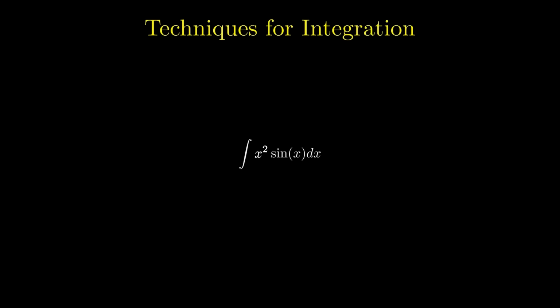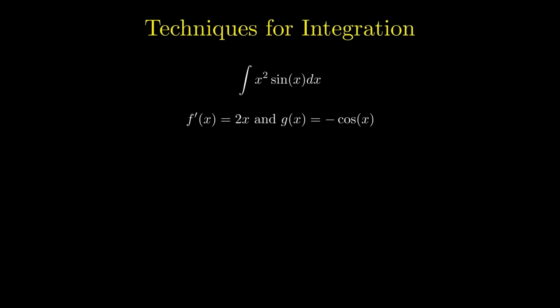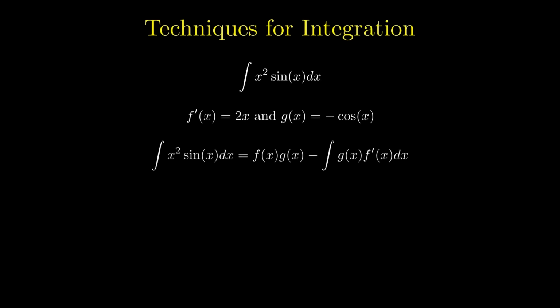Here, we'll let f of x equal x squared and g of x equal sine of x. Differentiate f of x. F prime of x equals 2x. Integrate g of x. G of x equals negative cosine of x. Apply integration by parts formula.